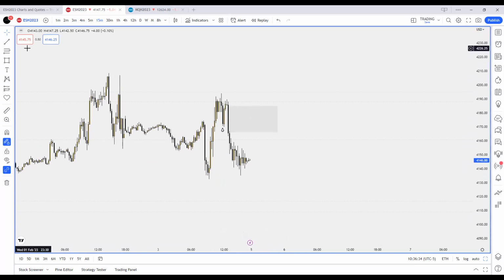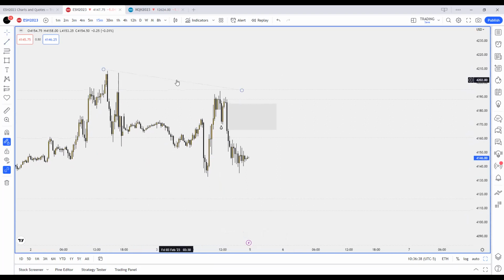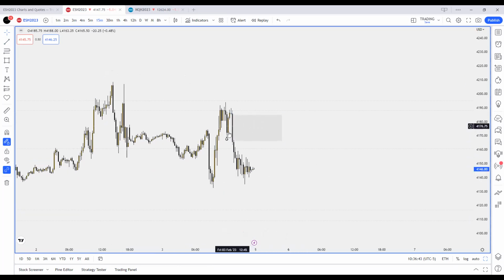And then hold all of this as liquidity. To me, that would be liquidity that we could possibly further take out. But I would watch this. I would identify this, identify the consequent encroachment of that. More importantly, even that, if you didn't want to do that, use this price action.